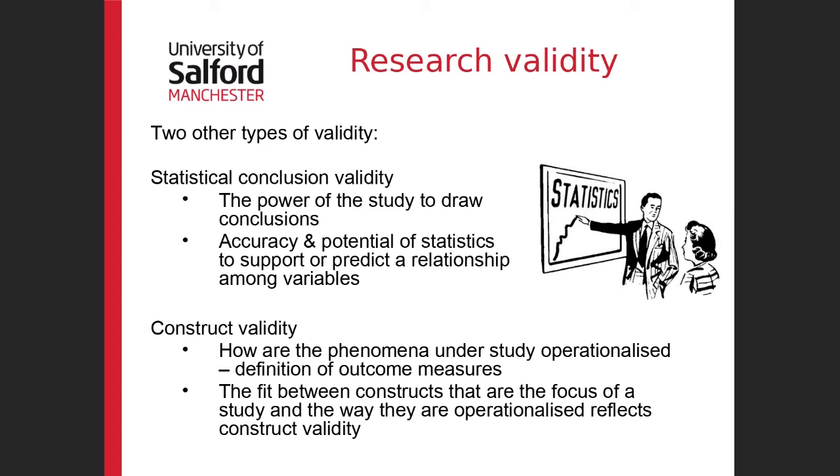So say a lot of people experience back pain by stiffness in the morning or the ability to bend over and tie the shoelace. If we didn't have those questions in our questionnaire, but we showed that our treatment was effective, people might question whether it had correct construct validity because we weren't really measuring, operationalizing this concept of back pain properly.